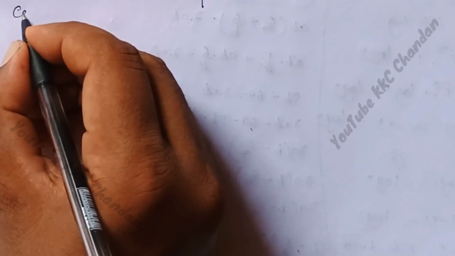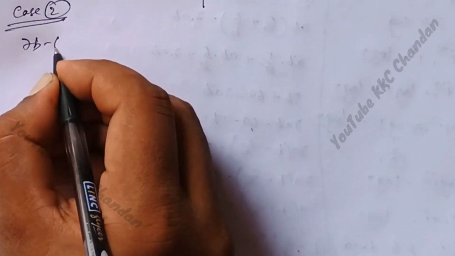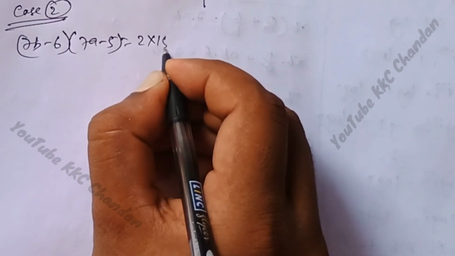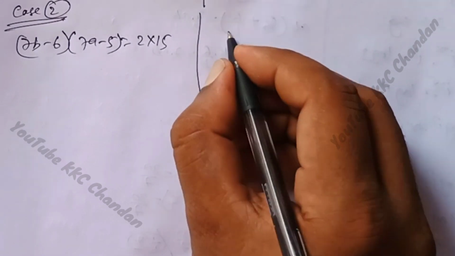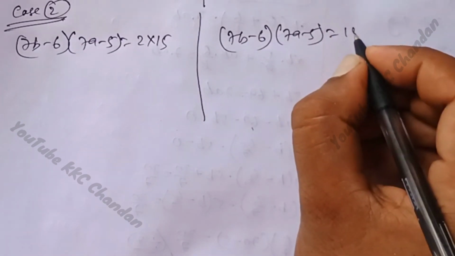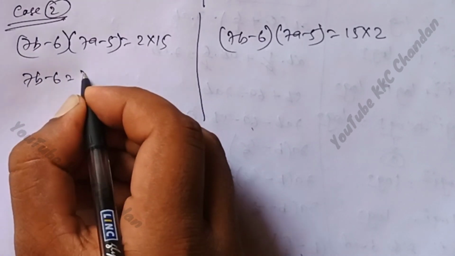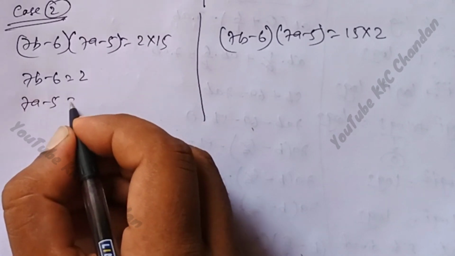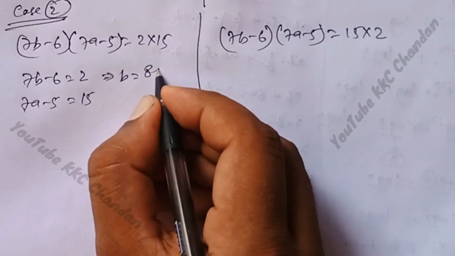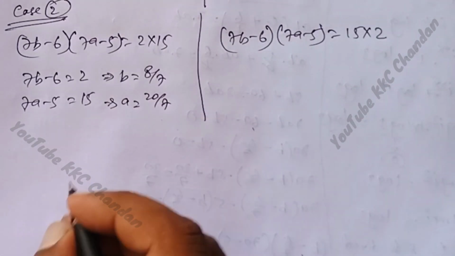Case number two. 7b minus 6 into 7a minus 5 is equal to 2 into 15. 7b minus 6 is equal to 2 and 7a minus 5 is equal to 15. Here b value is equal to 8 divided by 7 and a value is equal to 20 divided by 7.